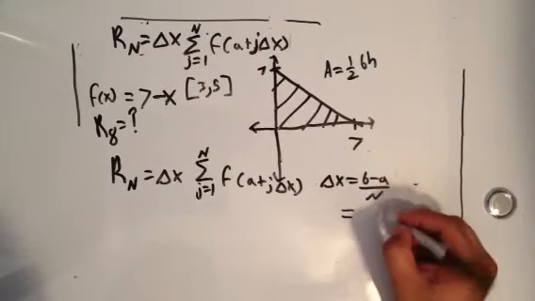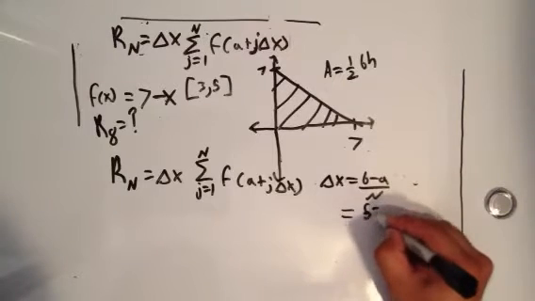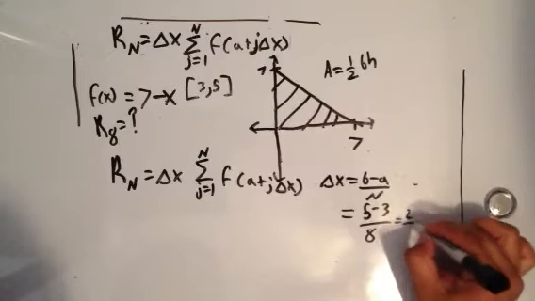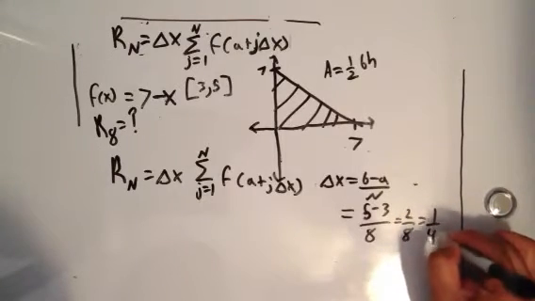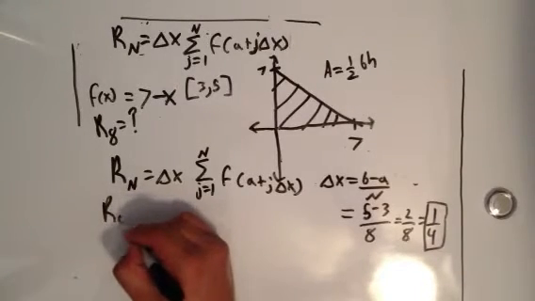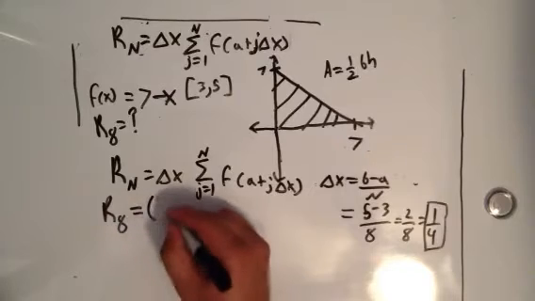So 5 minus 3 all over 8 is equal to 2 over 8, or 1/4.